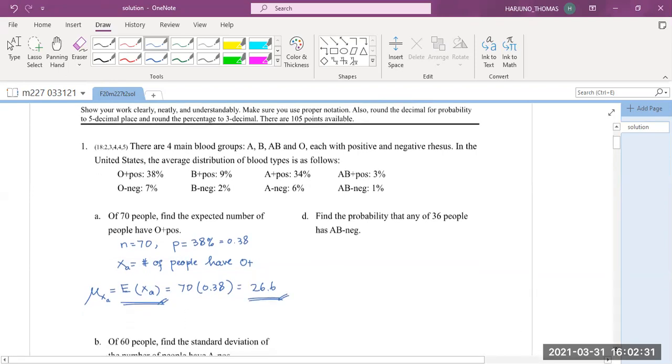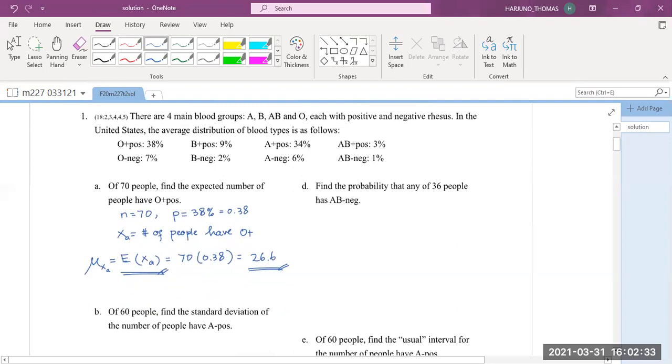Part B, of 60 people, so that's our N, N equals 60 now. Find the standard deviation of the number of people with A positive. A positive will be 34% or 0.34.